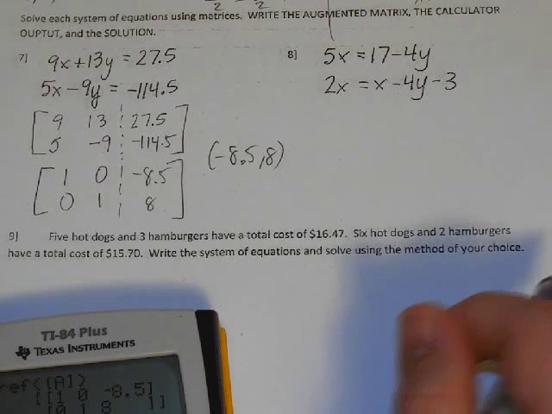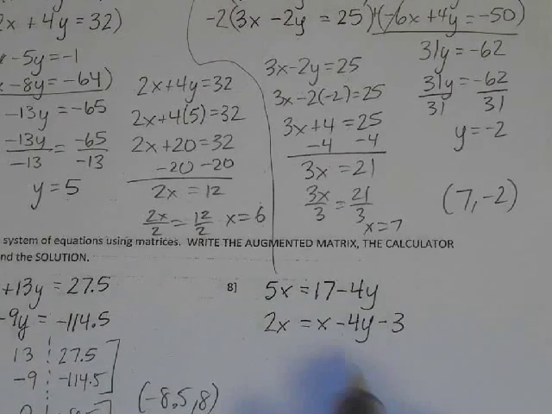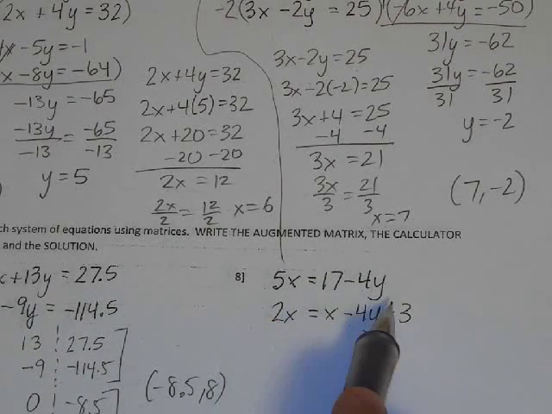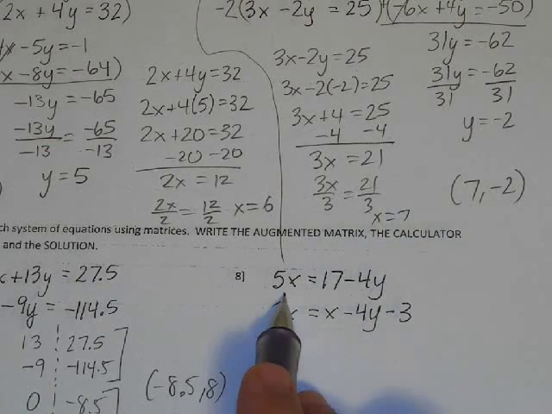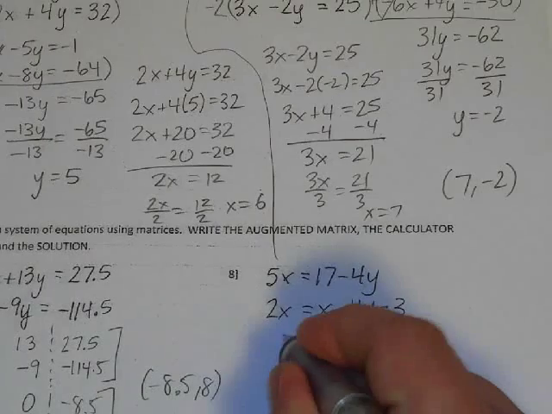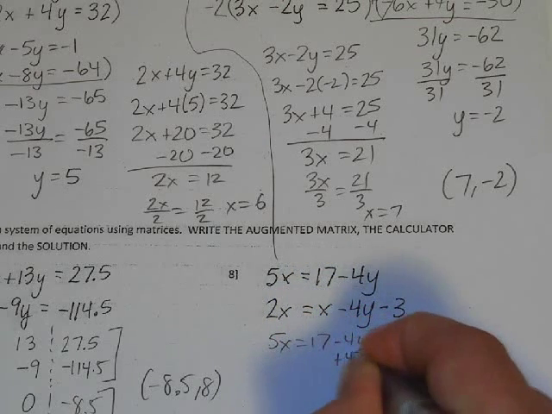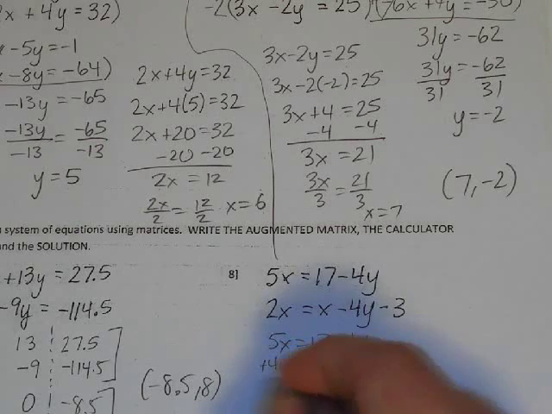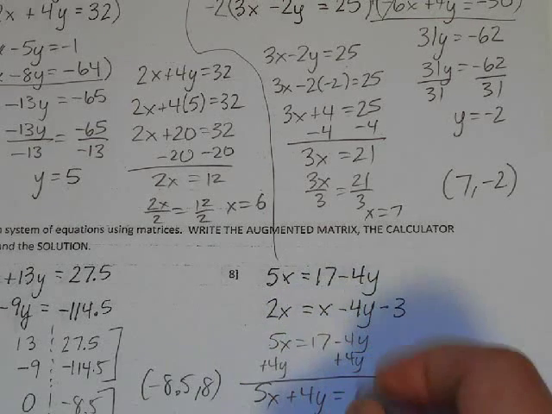For number 8, notice that we don't have the x's and y's on the left side and the constant on the right side. So we need to use a little algebraic manipulation to do that. So for number 8, we can see that if I added 4y to both sides, I get 5x plus 4y equals 17.